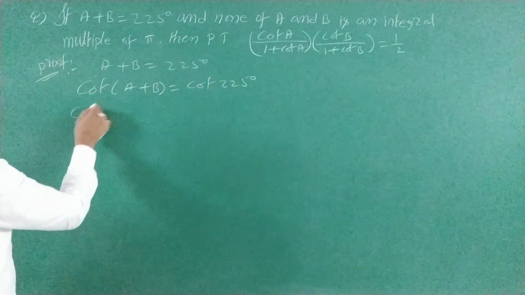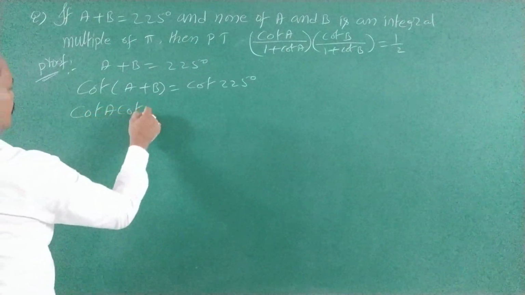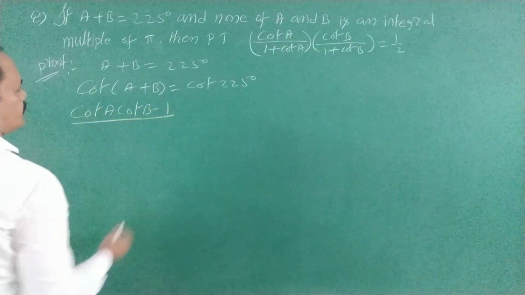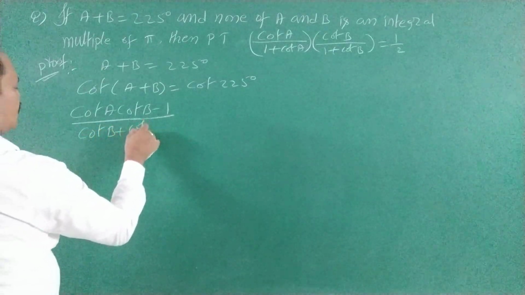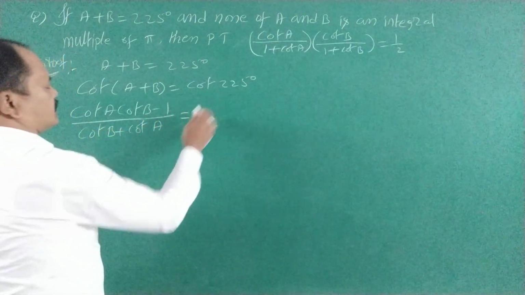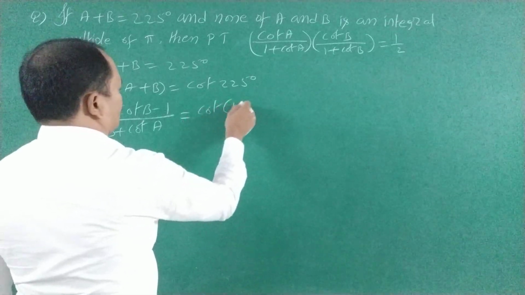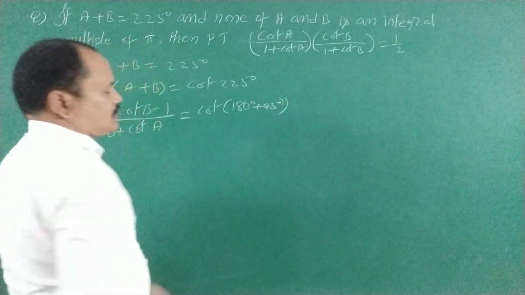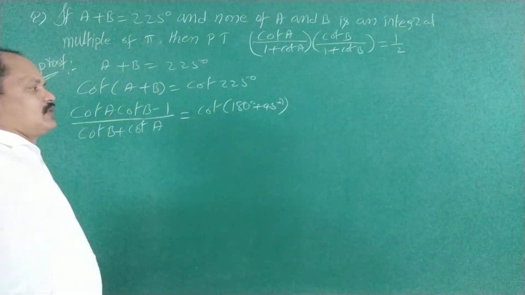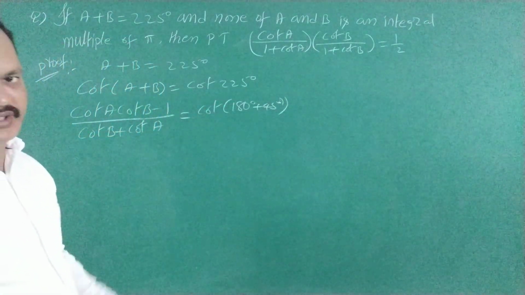That's why this is cot a into cot b minus 1 by cot b plus cot a. This is nothing but cot 180 plus 45 degrees. Generally cot 180 plus 45 is in the third quadrant. So in the third quadrant cot is positive.